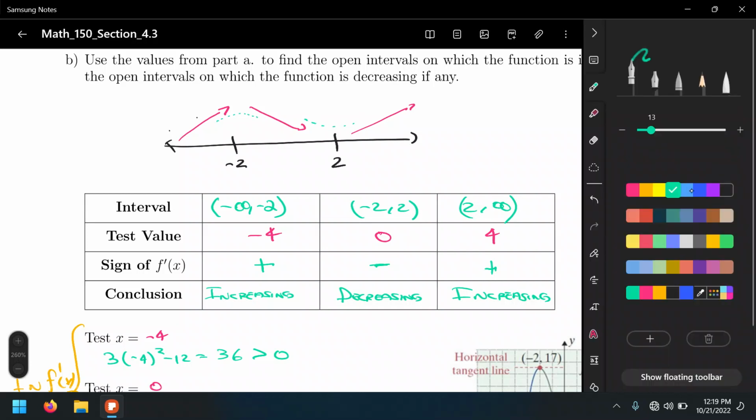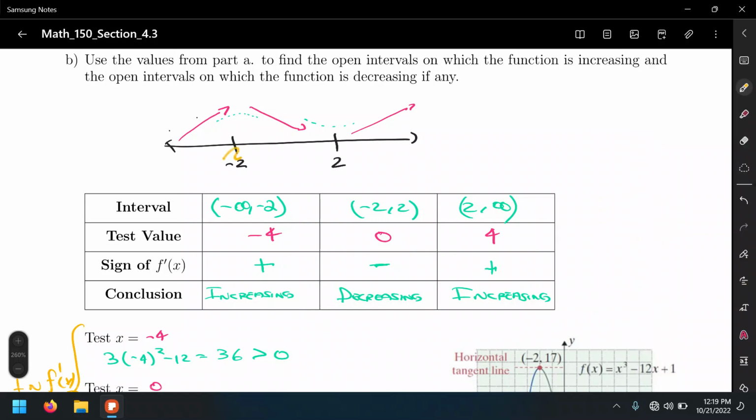This means that x equals negative 2 will be a relative maximum, and this will be a relative or local minimum. So we're going to have a maximum and a minimum.